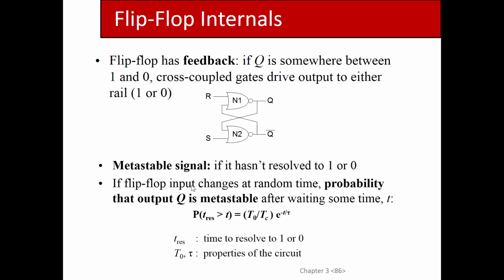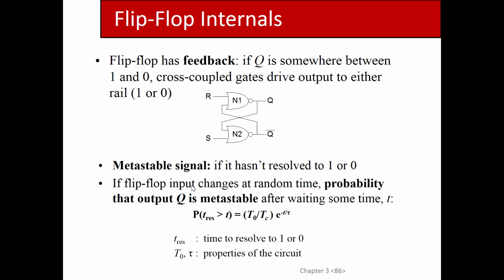The shape of this curve is going to be determined by that tau, right? So the longer you wait, the more likely it is you'll get out of the metastable state. But it's based on this probability distribution, which is basically just an exponential.